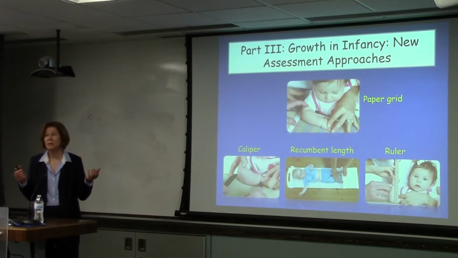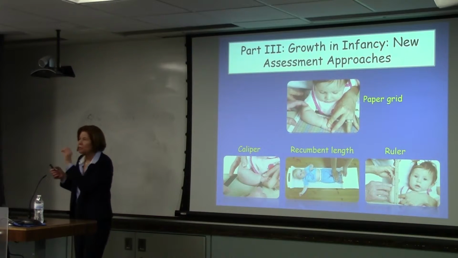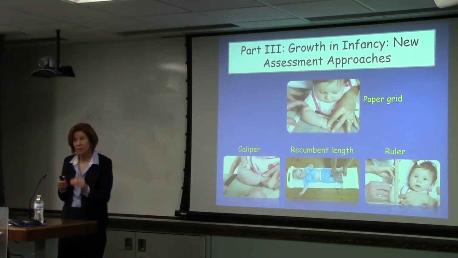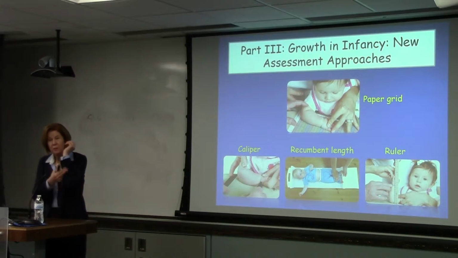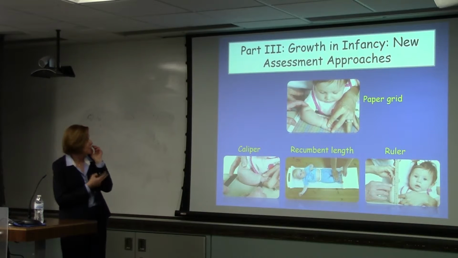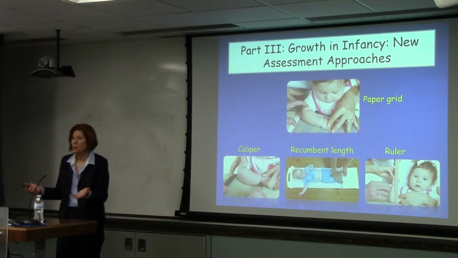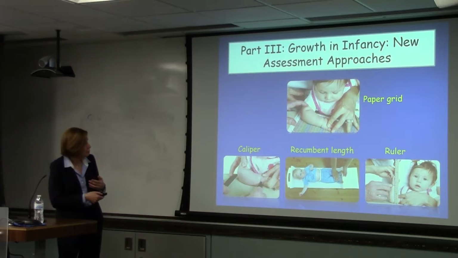We looked at all the bones in the body, and we said, which bone or bones might be a surrogate for recumbent length? We came up with, for various and sundry reasons, the ulna, which is the long bone in your lower arm, and we developed a paper grid. Take graph paper, put rainbow colors on it, so the baby will like it.